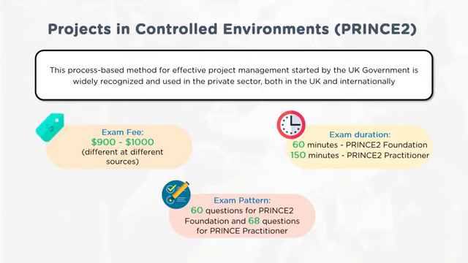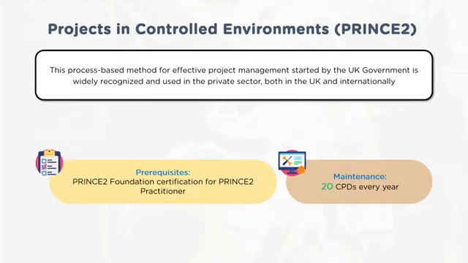In foundation, there are 60 multiple choice questions, and in practitioner, 68 questions. Each carries 1 mark for a correct answer, and there is no negative scoring for wrong answers. One has to score 55% to clear the examination. The prerequisite for Prince2 Foundation is none, whereas Prince2 Foundation is a prerequisite for the Prince2 Practitioner examination. To maintain the certificate, one has to achieve 20 CPDs every year, continued professional development.